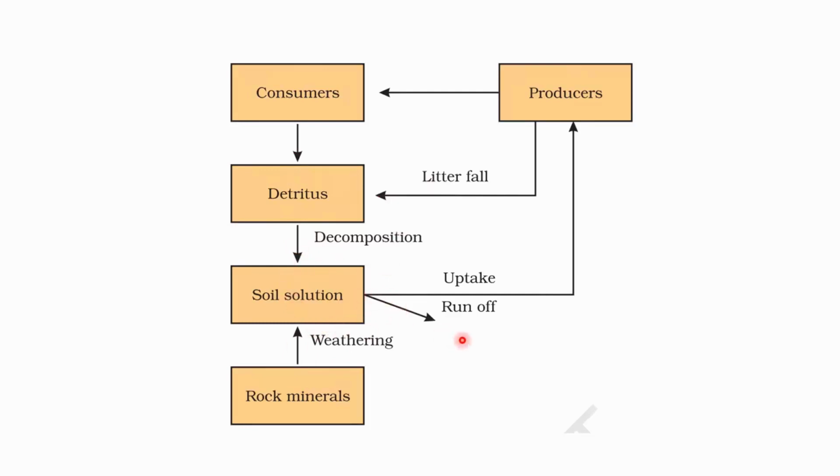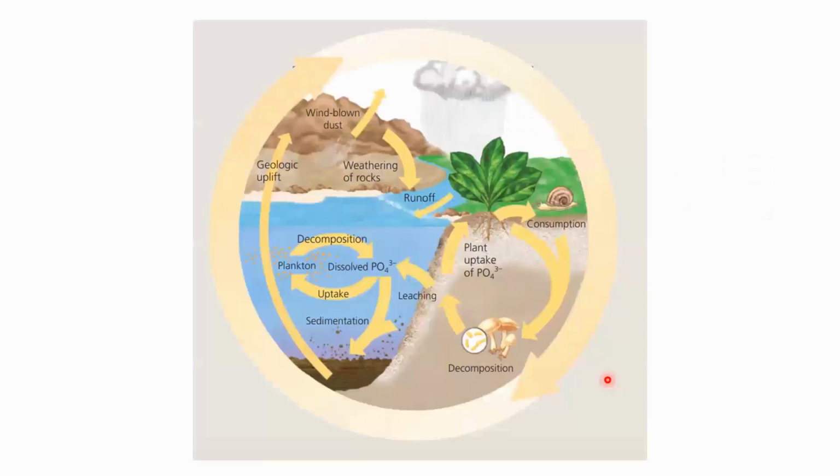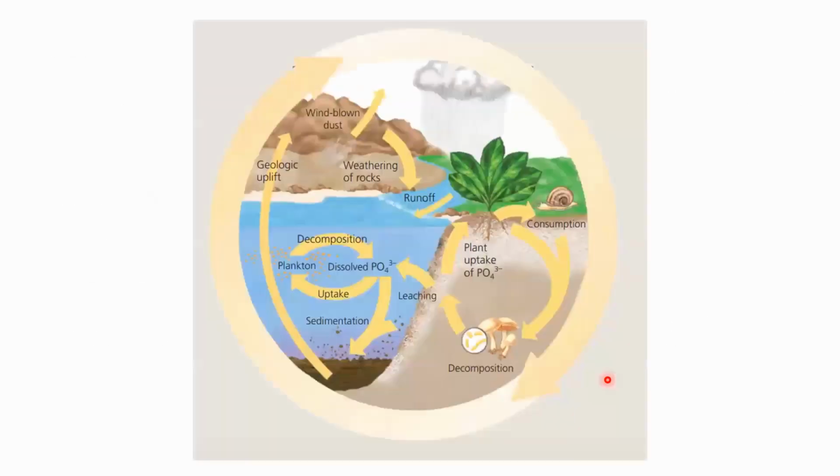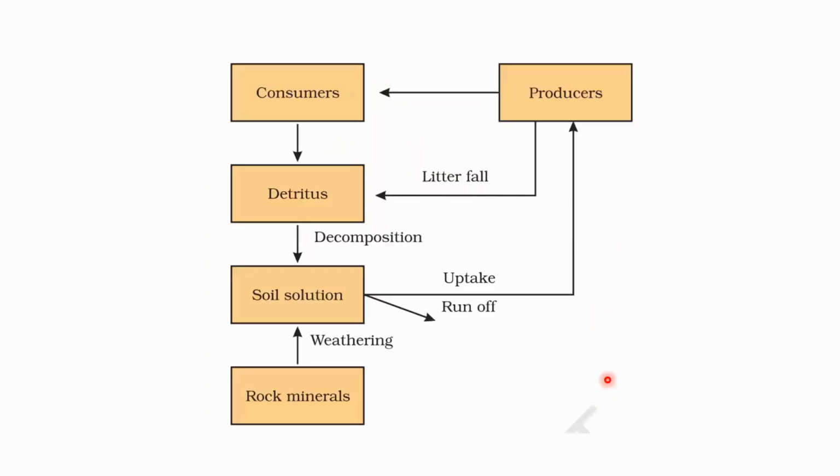This soil solution then, by the process of runoff or leaching, leads to the release of the phosphate into the water bodies, and this released dissolved phosphate is then taken up by the planktons, which further undergo decomposition, releasing back the dissolved phosphate into the water bodies. These dissolved phosphates may undergo sedimentation and may lead to the formation of sedimentary rocks. And this is how the phosphorus cycle takes place in the environment.